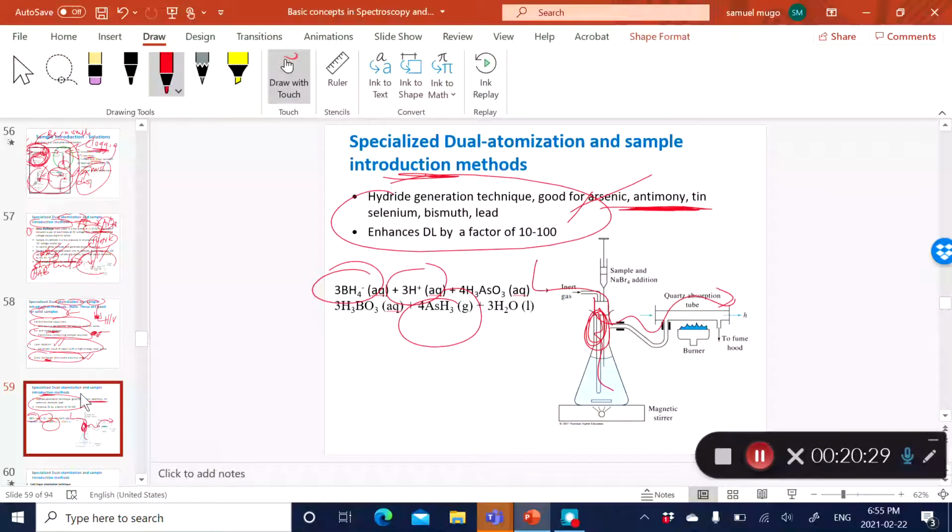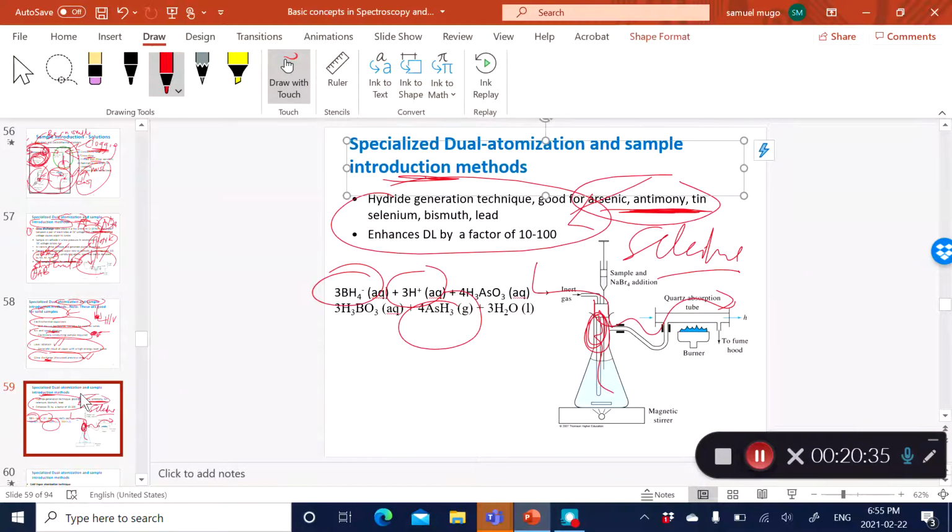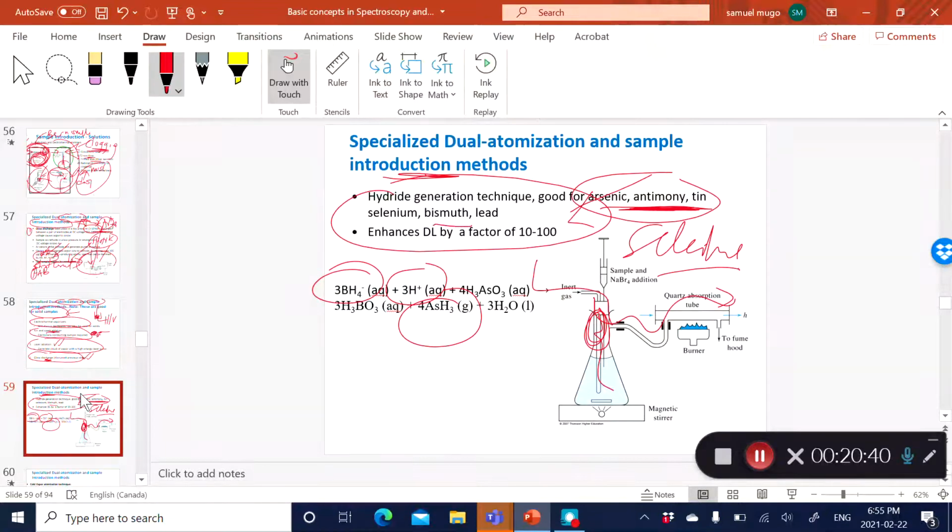So you can see this technique tends to be very, very selective for arsenic, antimony, things like tin, bismuth, and lead, which are the 6 types of elements that tend to form hydrides when you do the reaction with sodium borohydride in the presence of an acid.